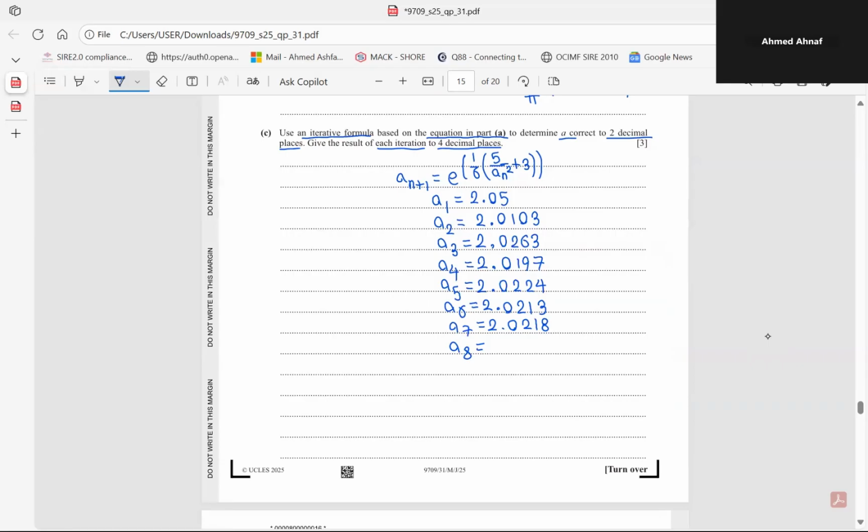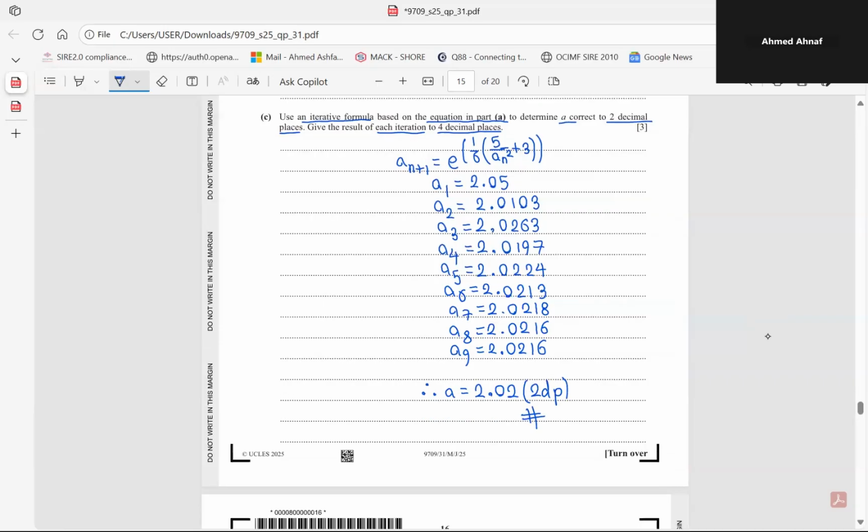The next one is 2.0216, and the next one should be close. We're getting closer and closer. So 2.0216. Yeah, now it's the exact same. So we can stop here and conclude that our answer is 2.02 to 2 decimal places. So this is our final answer for this question. Let's head on to the next question.